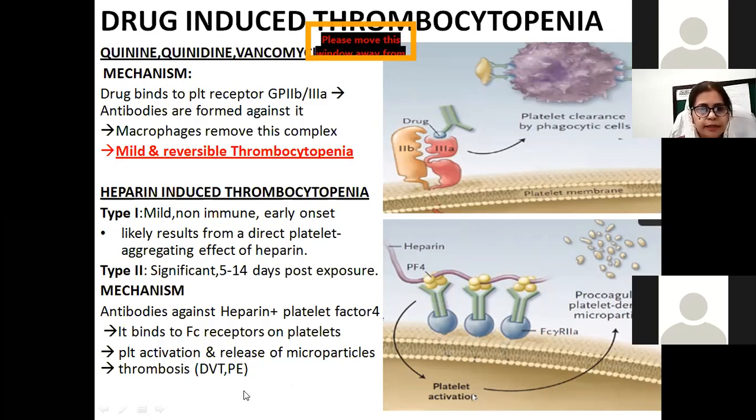So what happens is that instead of bleeding because of thrombocytopenia, there is thrombosis, which could result in deep venous thrombosis and pulmonary embolism, which has a very adverse outcome if timely treatment is not provided. The timely treatment is to stop the drug and to replace it with other anticoagulants which bypass the mechanism through which heparin acts.